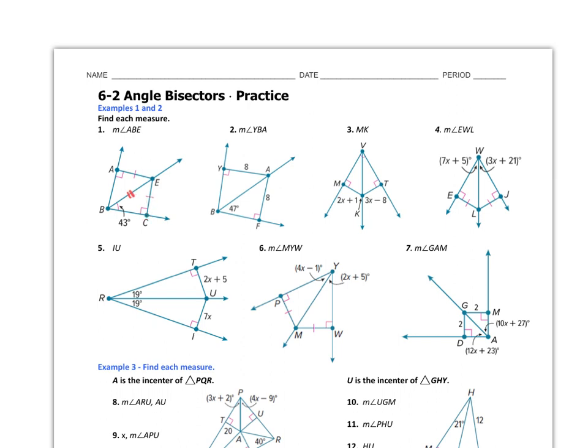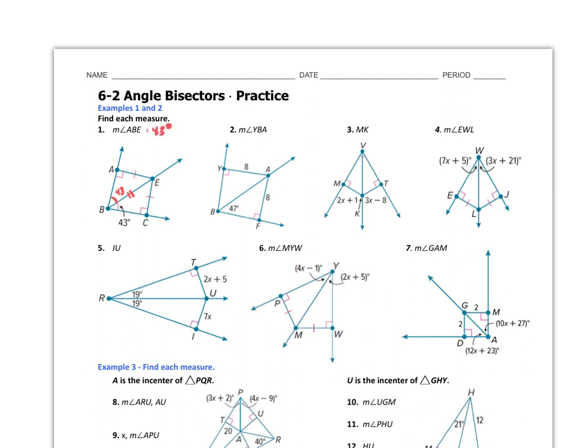So these two triangles are congruent by hypotenuse leg, and of course all my corresponding parts would be congruent, and therefore this angle is also 43 degrees. So it says the measure of angle ABE is 43 degrees.